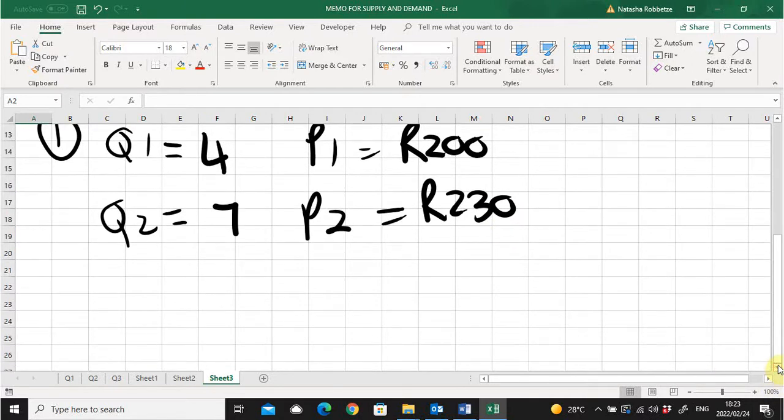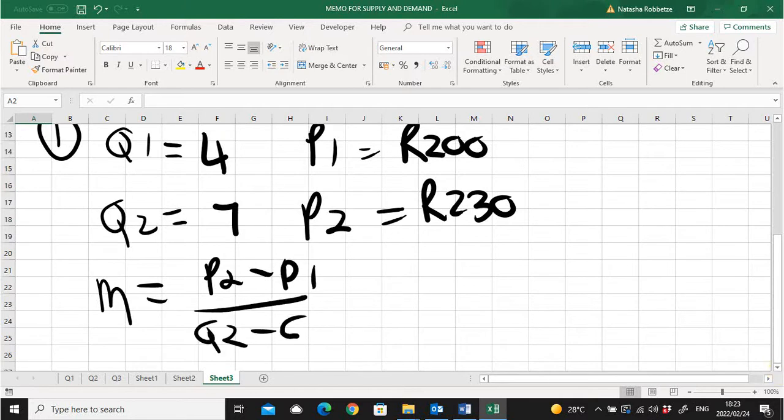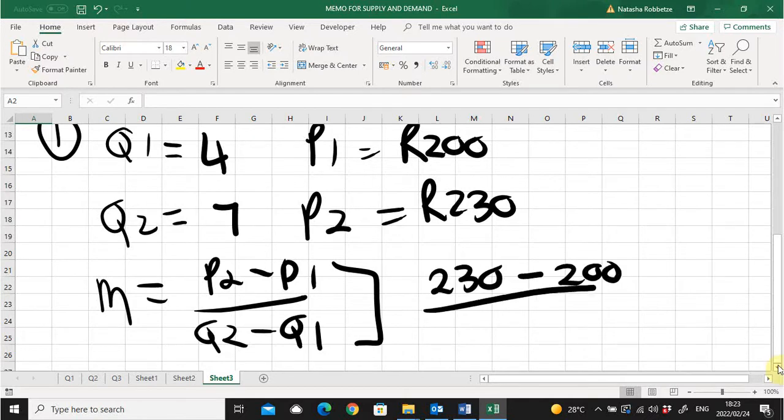And then I need to fill out my formula where the slope is M, and M is P2 minus P1 over Q2 minus Q1. Right, then we're going to say, filling out this equation, it's going to be the P2, the 230 minus 200 over the 7 minus 4.